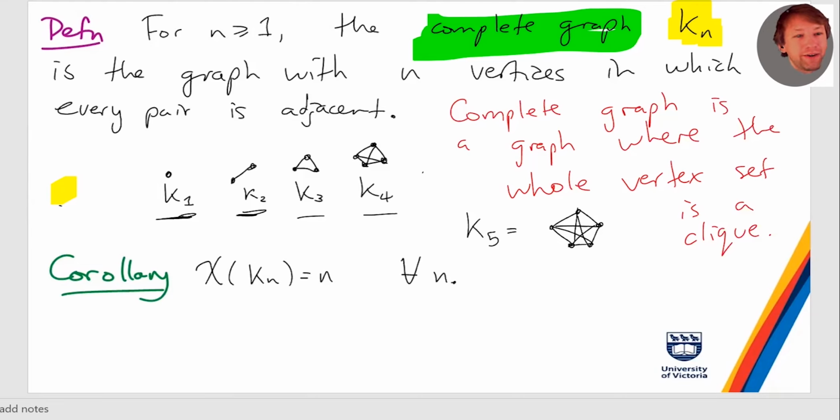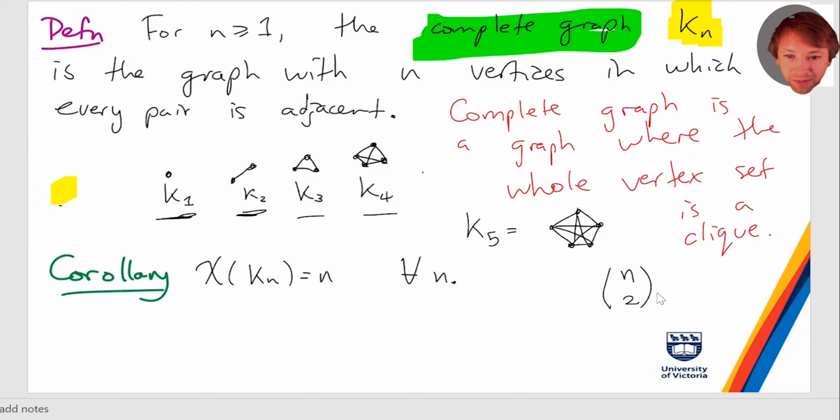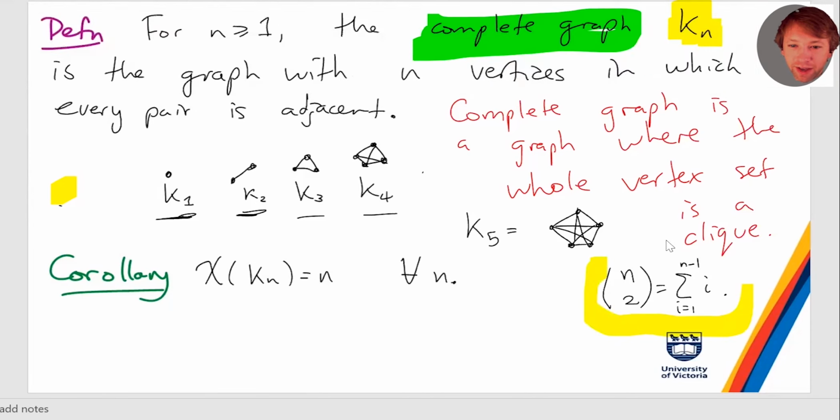But okay, that is correct actually, but the way I would have preferred to write it is n choose 2. It is also equal to the sum for i equals 1 to n minus 1 of i, something we proved back in the section on combinatorial proofs. But why is n choose 2 a good answer?